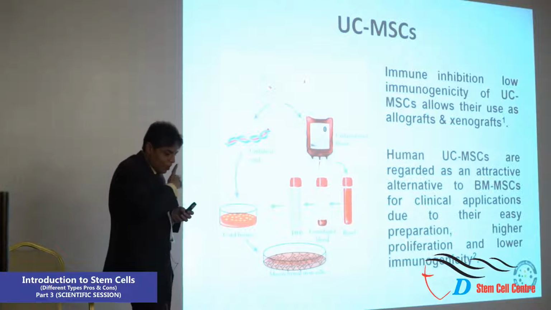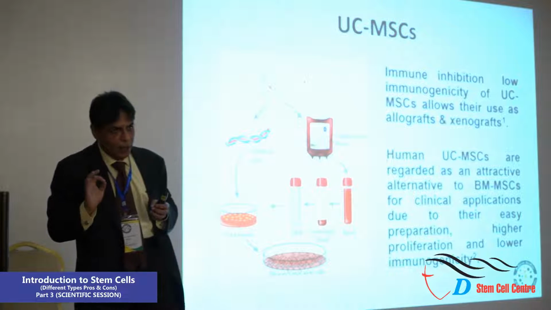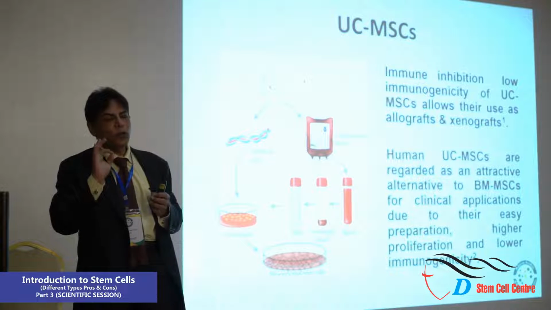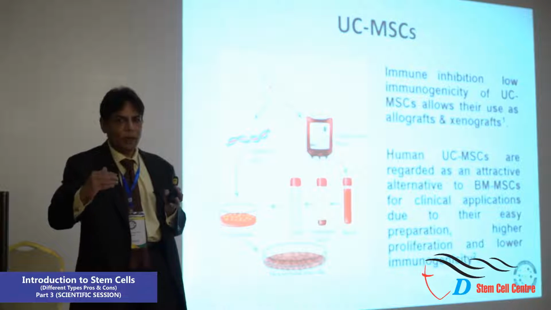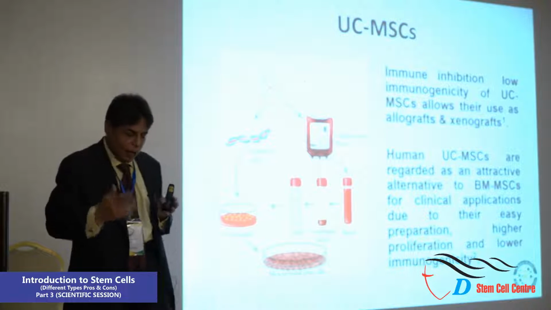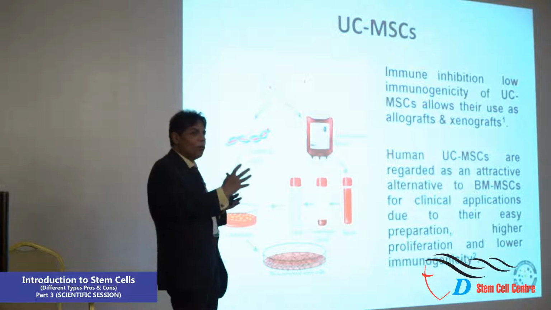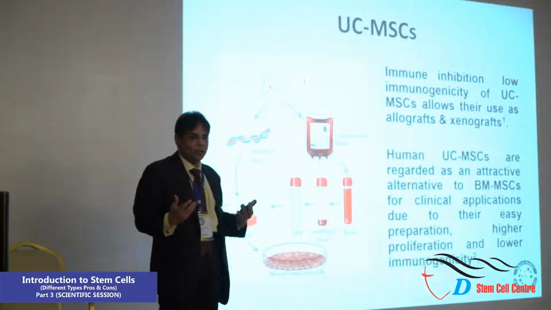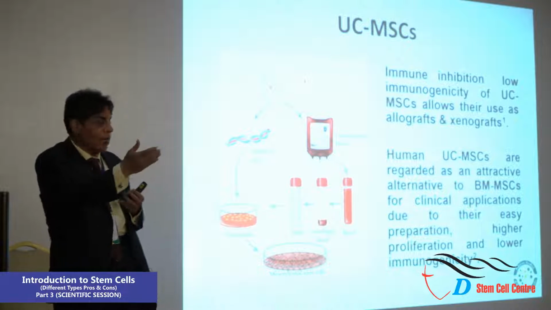So the beauty here is that what makes them a more important therapeutic tool is that they do not express MHC molecules, major histocompatibility human leukocyte antigens, on their surface, so they are primarily ignored by our immune system. So they can survive, and they can be a very important therapeutic tool.